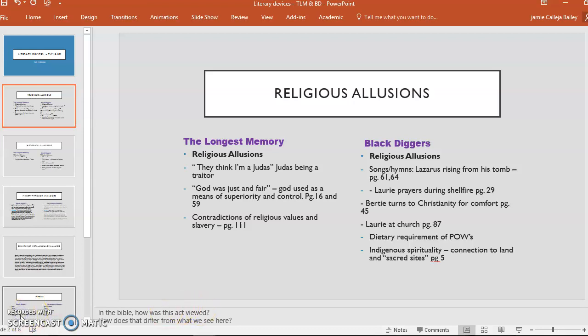So yeah, we see this idea of Lazarus rising from his tomb. Lazarus, Lazarus, come forth, Lazarus. The Lord is calling you, Lazarus. So this is talking about Tommy's rebirth. So he's rising from his death and overcoming his death. So it's a metaphor for that.